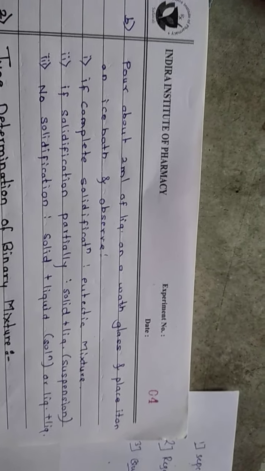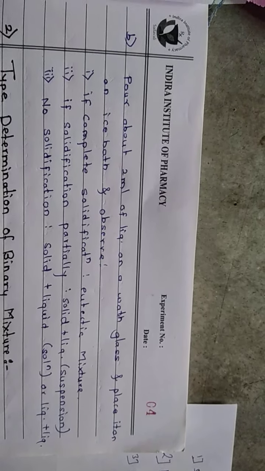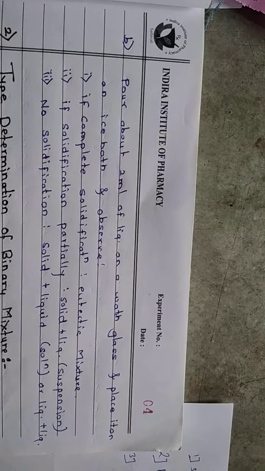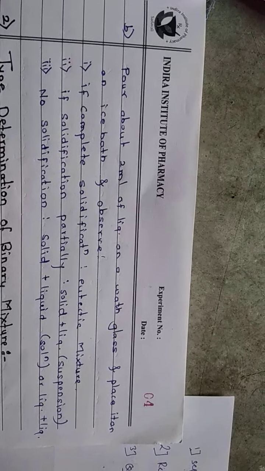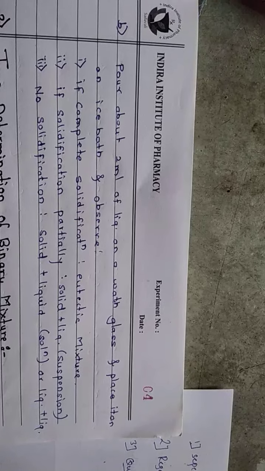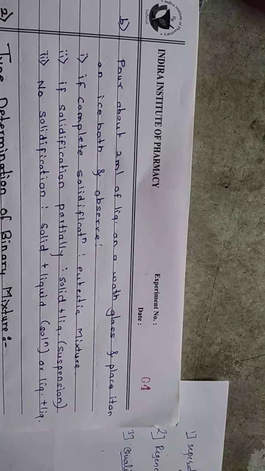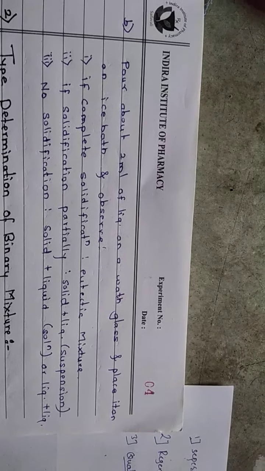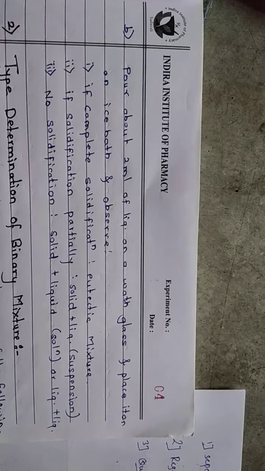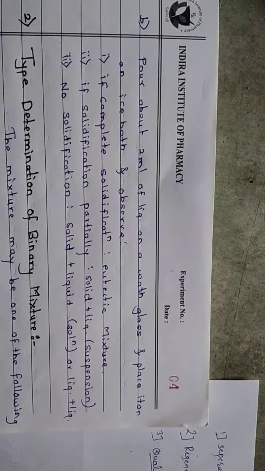If it is completely solidified, that means it is a eutectic mixture. If it is partially solidified, that means it is solid plus liquid, that is the suspension. And if no solidification takes place, that means your mixture is solid plus liquid, that is a solution, or liquid plus liquid.